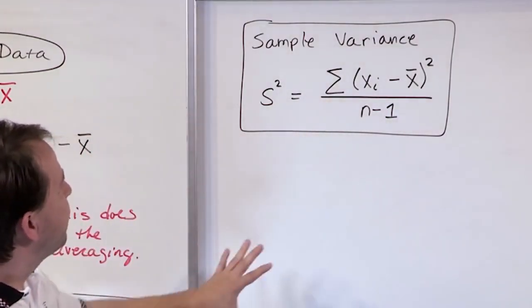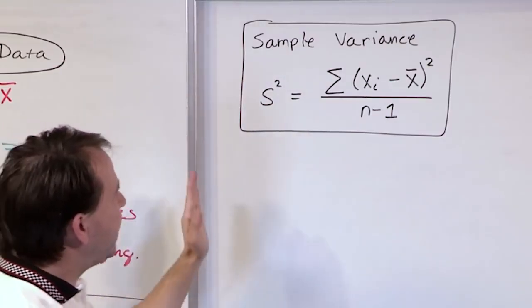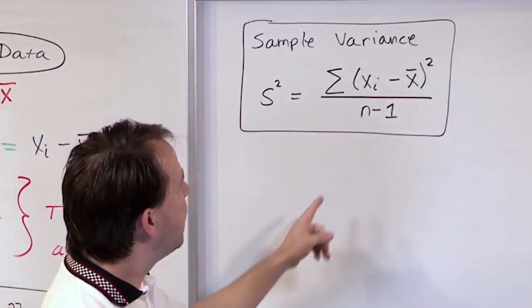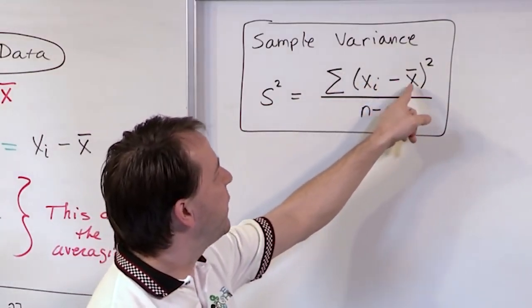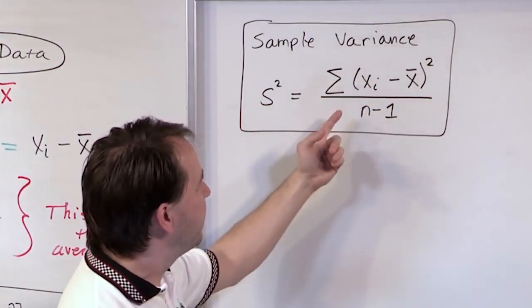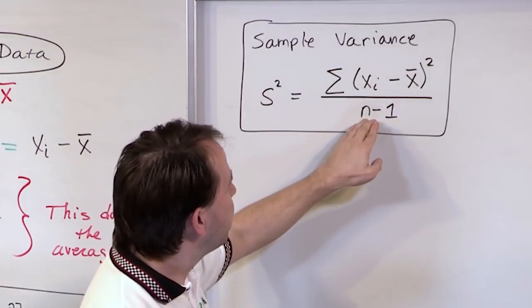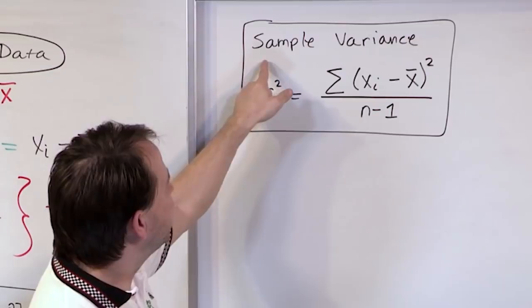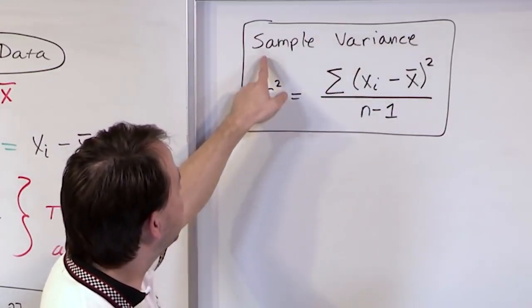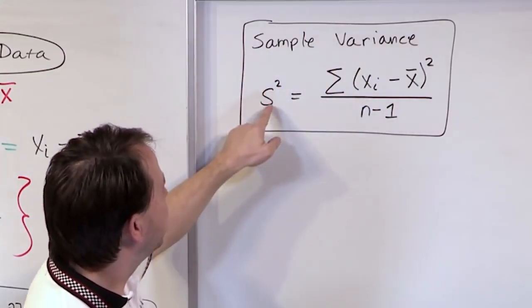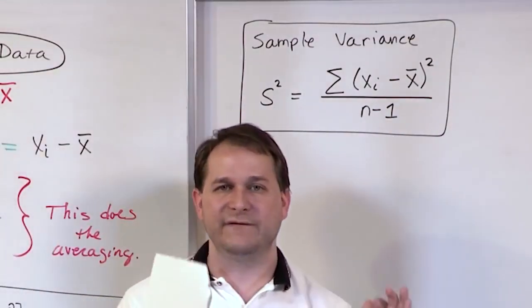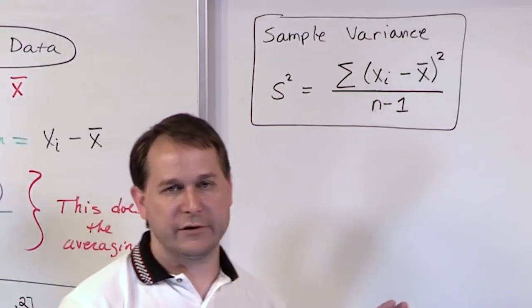When you have samples, when you have actual data you've gone out and collected, then you have a sample mean, which we know how to calculate. We take the difference between every data point and its sample mean, we square the differences, we divide by the number of samples minus 1. That gives us s squared. Notice sample variance, s goes with s, so sample and s. So that when you see s squared, you know that it's the variance of the samples that you've taken, right?